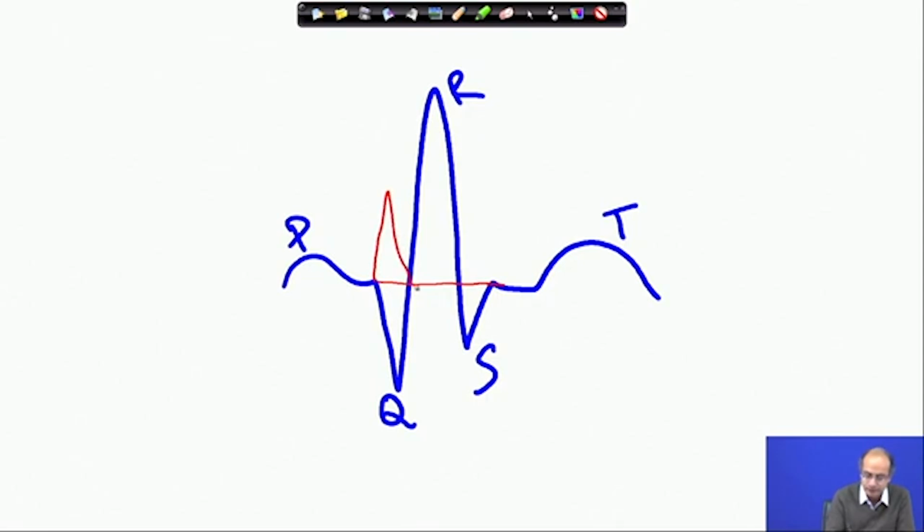Now, this part would also be positive and this part is already positive. So, the area under this plot is taken as another measure, which gives us some notion of the energy in the signal.